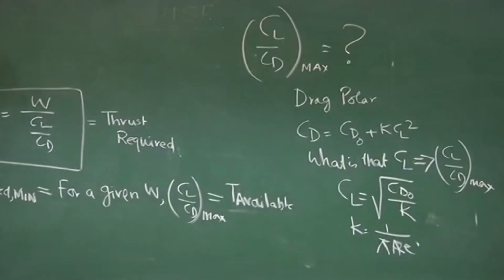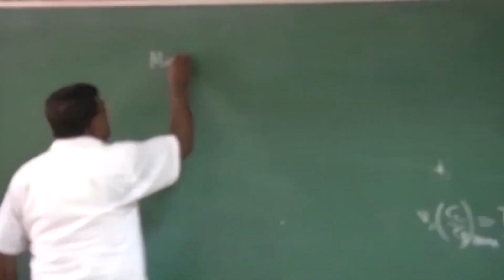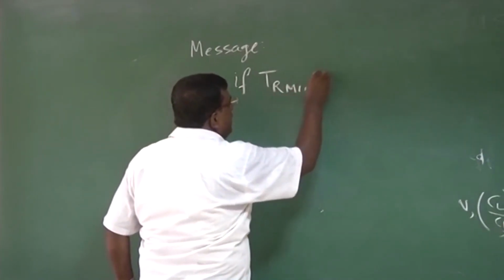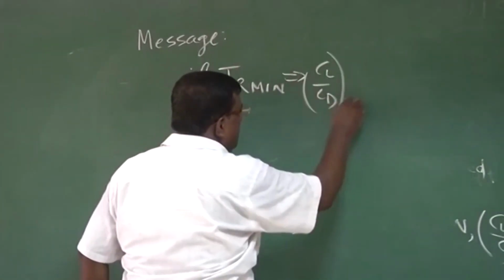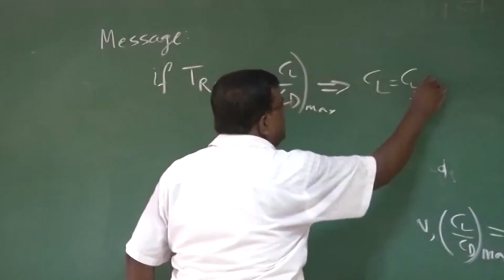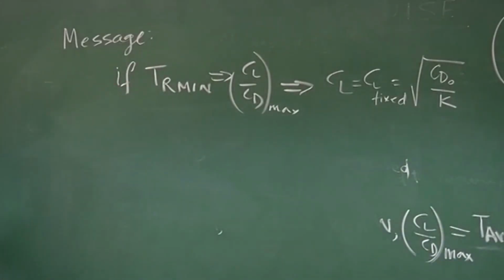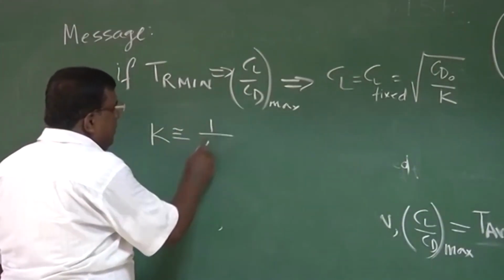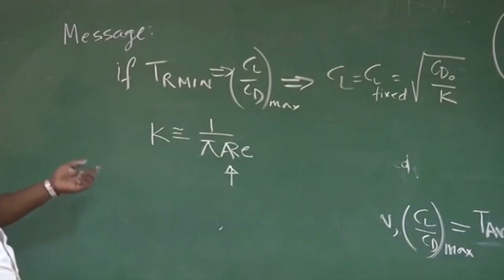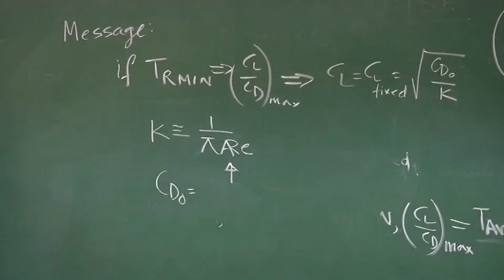So what is the message? Message to pilot is, if you want to fly at thrust required minimum, then fly at CL by CD maximum, and that is fly at CL equal to CL fixed, which is given by CD naught by K. So for a different airplane, this value will be different, because K is 1 by pi aspect ratio E. So depending upon aspect ratio, depending upon the wing layout, the value of E will change, aspect ratio will change, then CD naught also will change depending upon what is the geometric contour, what are the protrusions, what are the profile of the wing.